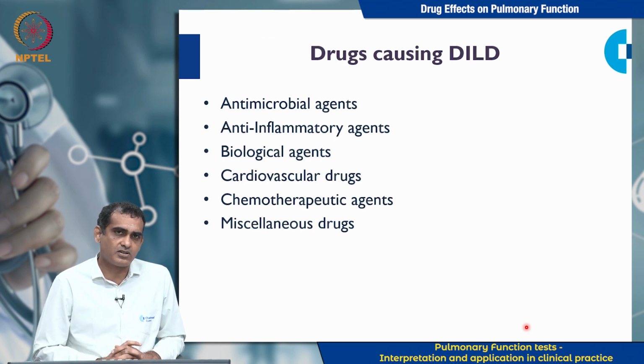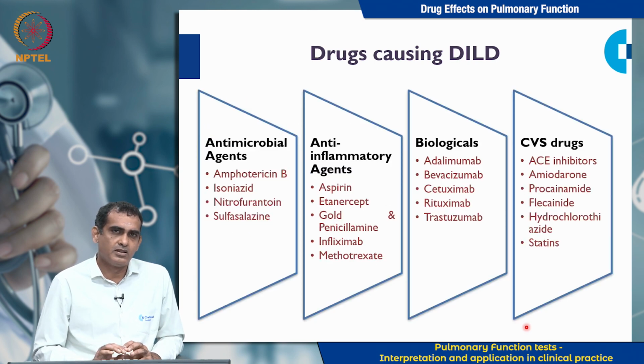There are a number of drugs that can be associated with ILD, starting from antimicrobial agents, anti-inflammatory drugs, biological agents, cardiovascular drugs, chemotherapeutic agents, and miscellaneous drugs. The list is so exhaustive and so vast, but I have tried to give you only a gist of common medications with which we can have ILD.